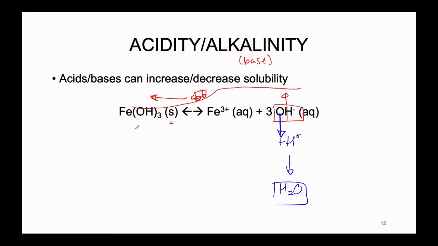This we would expect then to have a similar effect on the equilibrium, where before we had some nice equilibrium threshold. If we've decreased the concentration of our OH-, our car then is going to shift in exactly the opposite direction as before. We're going to be shifting from the reactant to the product. So in this particular equilibrium reaction, if we were to add acid to it, we would expect to see more and more of the solid dissolving and turning into this dissolved iron solution.